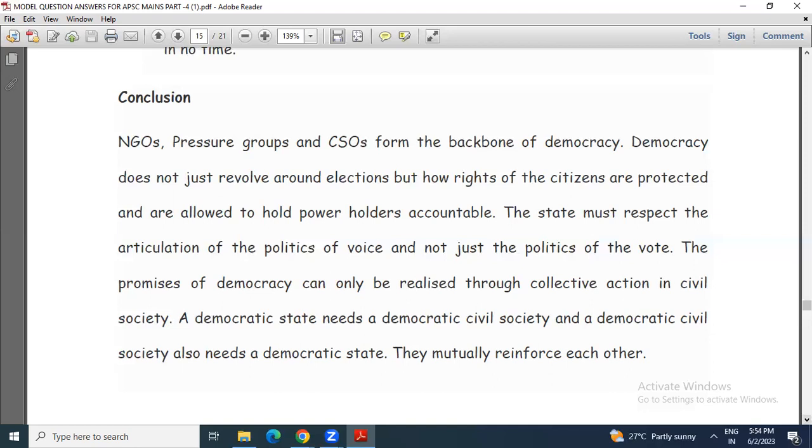A democratic state needs a democratic civil society, and a democratic civil society also needs a democratic state. So both need each other and mutually reinforce each other. To make both of their functions active and proactive, and make them protectors of our rights and our voices, they should mutually reinforce each other.